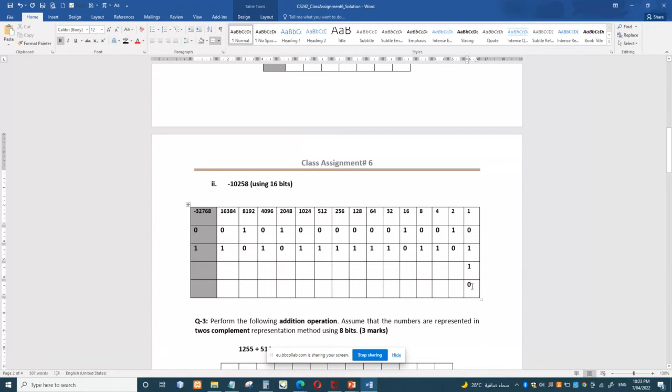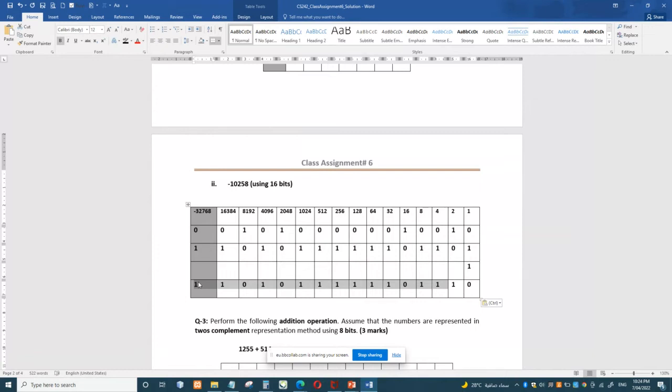We are left with carry equal to 1, so that 1 plus 0 is basically 1, and that's it. The remaining bits will be just copied. So I'm copying that one. That's actually the simplest method of representing any negative number in 2's complement representation method.